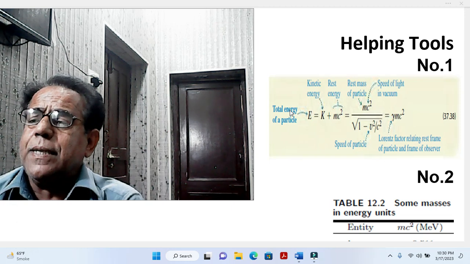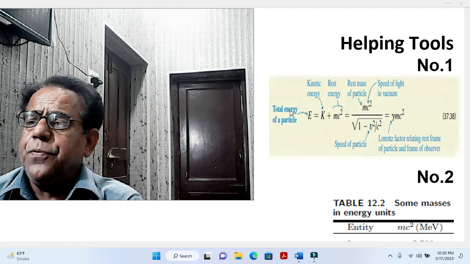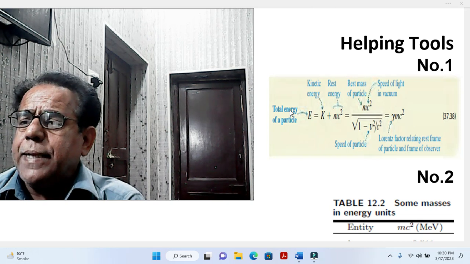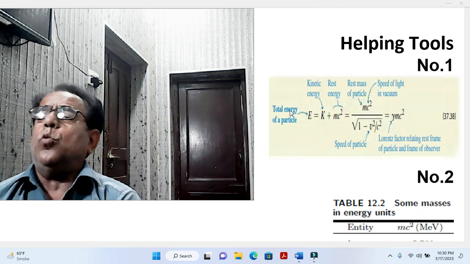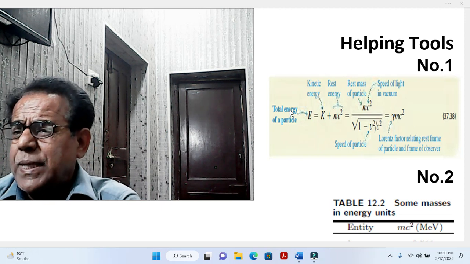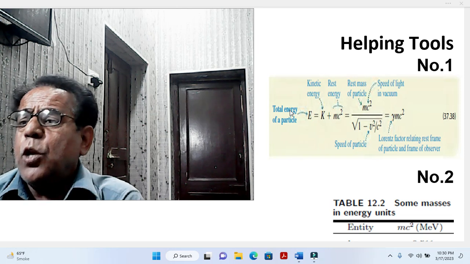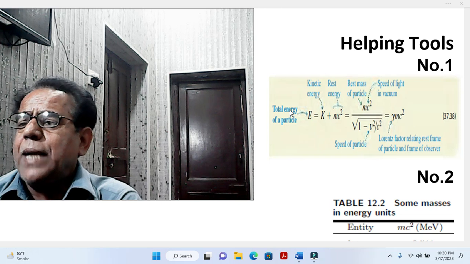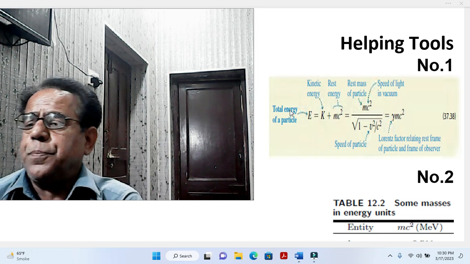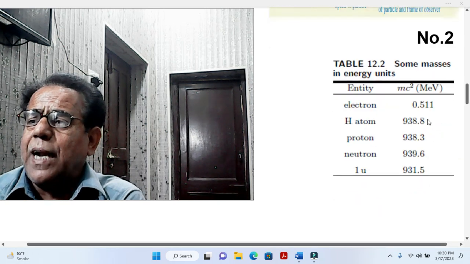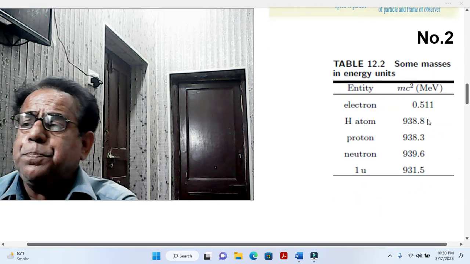This factor, 1 over the square root of 1 minus v square over c square, is also sometimes denoted by gamma. That is, gamma is equal to 1 over the square root of 1 minus v square over c square, and this gamma is called the Lorentz factor relating the frame of the particle and the frame of the observer. Tool number 2, this tool has also been shown many times in previous problems.